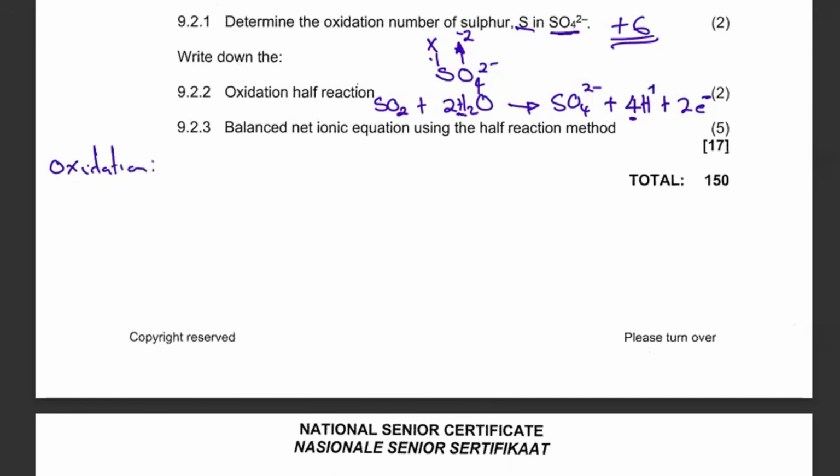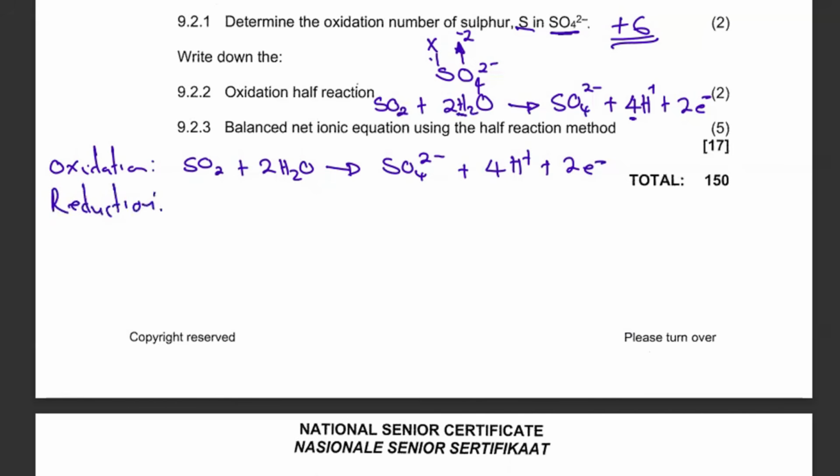The half reaction for oxidation is SO2 plus 2H2O, and then it gives us SO4 2- plus 4H+ plus 2 electrons. Now the second part, we must also write the reduction part. Reduction, then we balance it out.